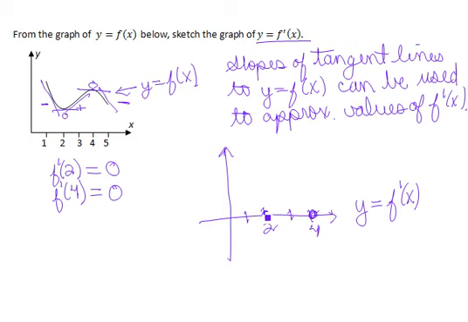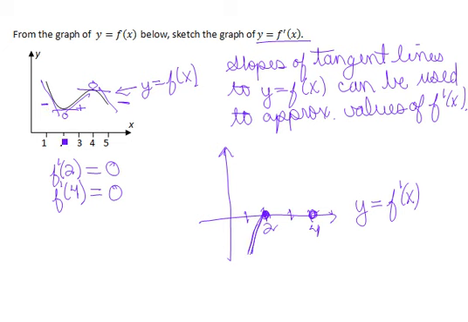Now up until I get to this intercept at x equals 2, notice my graph starts at about x equals 1. I know that the slope of the tangent line is negative, so the derivative has negative values, so it has to lie below the x-axis. It's going to look something like that. Notice that it does start quite steep, so more negative, and then less negative until I get to 0. So we have something that looks like that.